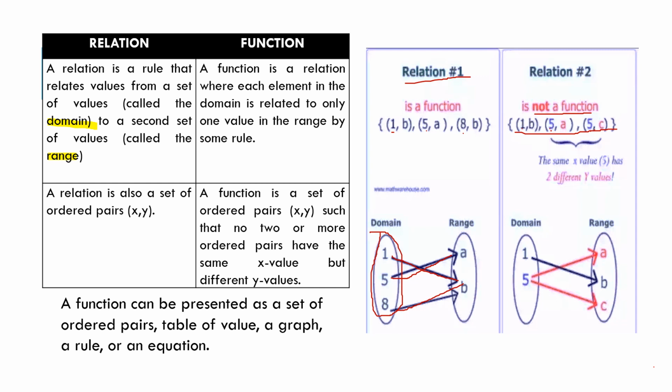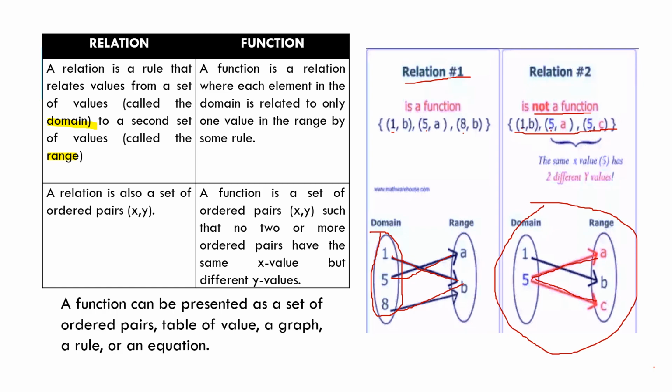And sa mapping diagram naman dito, makikita natin na ang 5 ay may dalawang y values. Again, hindi siya function kung 2 or more ang kanyang output. So, again, function siya pag isa lang ang kanyang output.